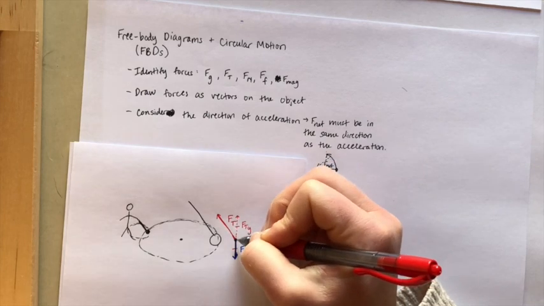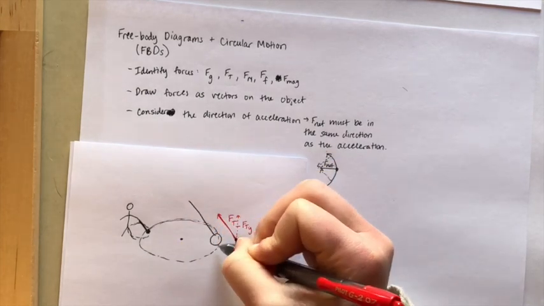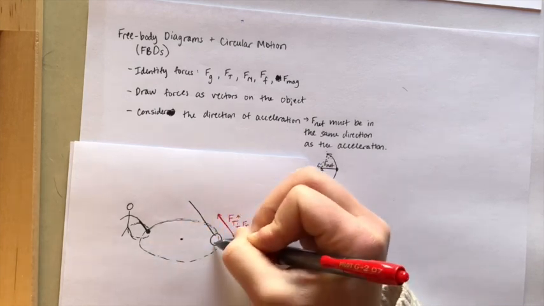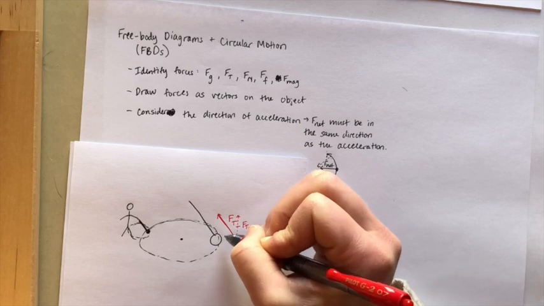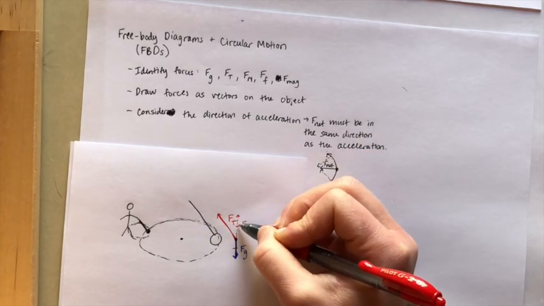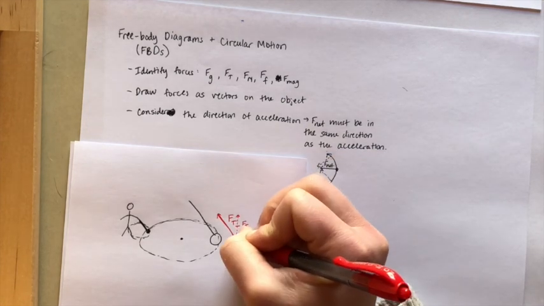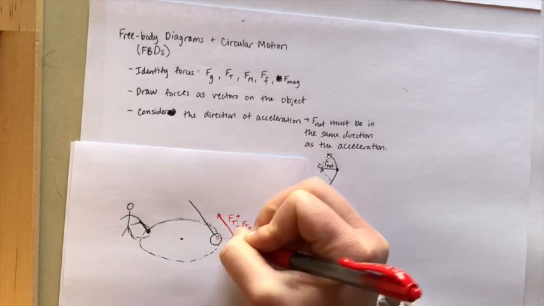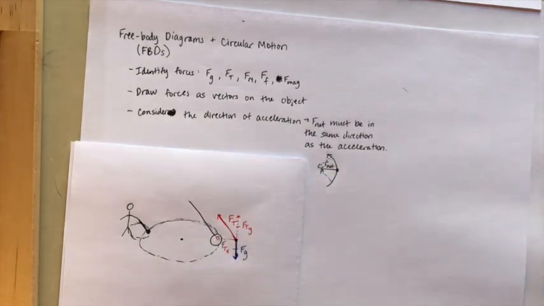The yo-yo is making this circle parallel to the ground. It's not getting closer to the ground at any point, so it's not accelerating vertically. That's shown by having balanced forces in the vertical direction. But there is an unbalanced force horizontally, Ftx, that's pulling this object towards the center of the circle.